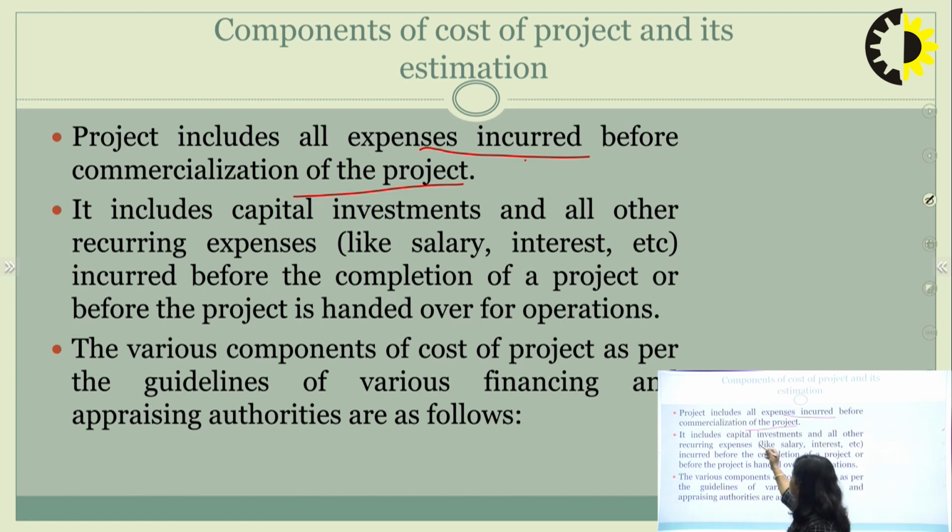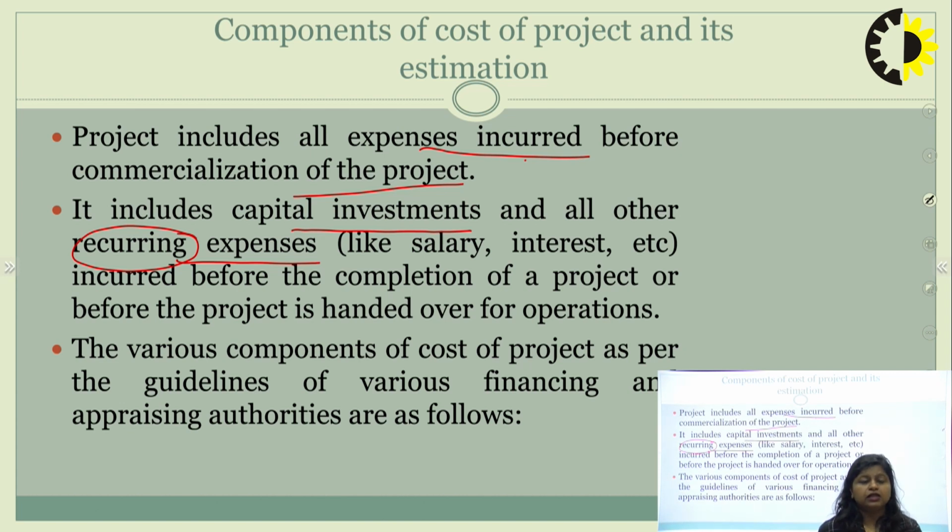Capital investment means whatever the investment in terms of money we need to find out, and all the recurring expenses. What is the meaning of this word recurring? Recurring means those which are happening again and again, at the same time duration, after a fixed time slot. For example, salary.